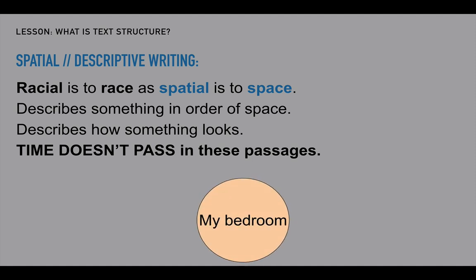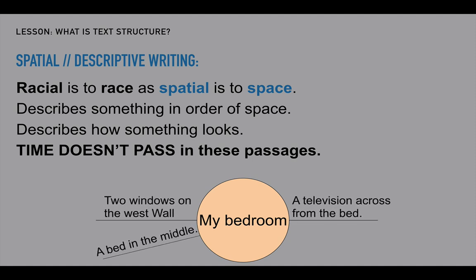For instance, it is just going to describe my bedroom. 2 windows on the west wall, a bed in the middle, a television across from the bed, a closet by the TV. So it is giving spatial recognition of where those particular things are, and it is describing certain things about your bedroom, but it is not a story. Time isn't passing, it is just descriptive.